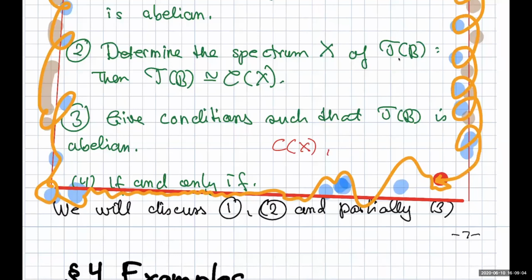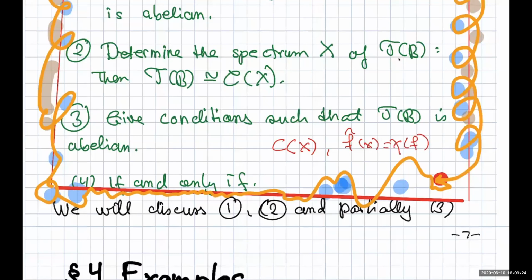And the map is the so-called Gelfand transform: x of f is f hat of x. Okay, I was messing this up. Evaluated on a homomorphism, it is just the homomorphism applied to f.